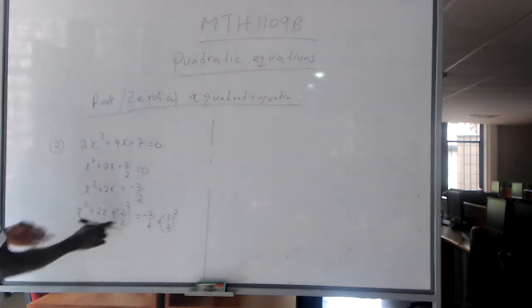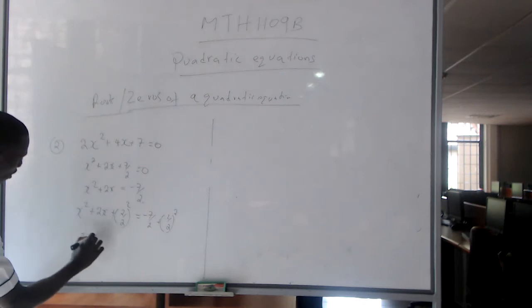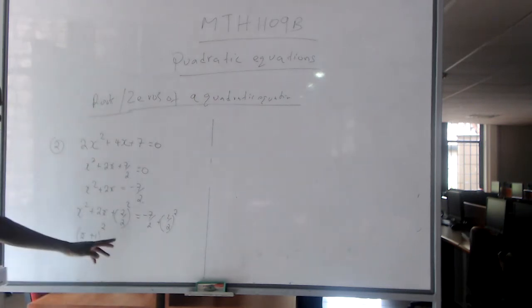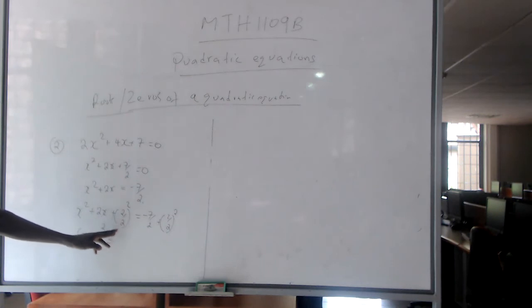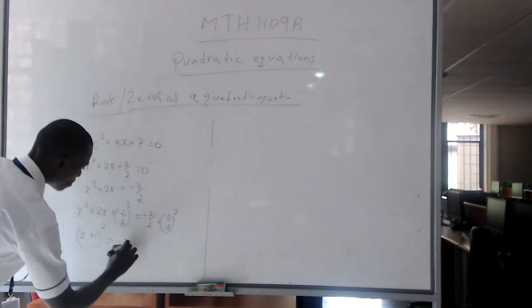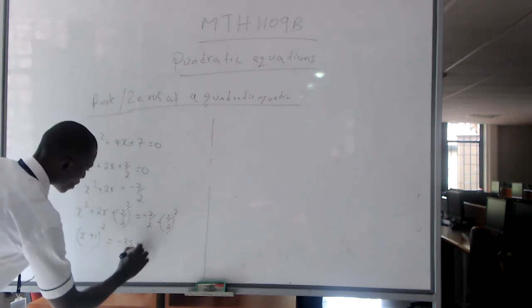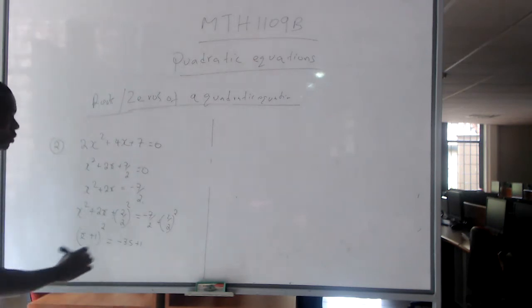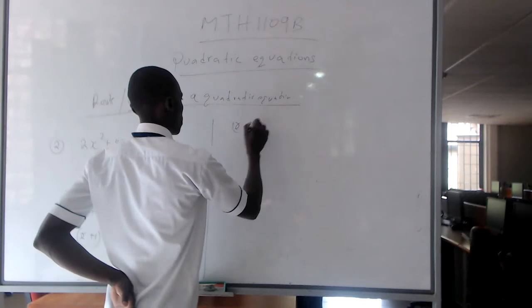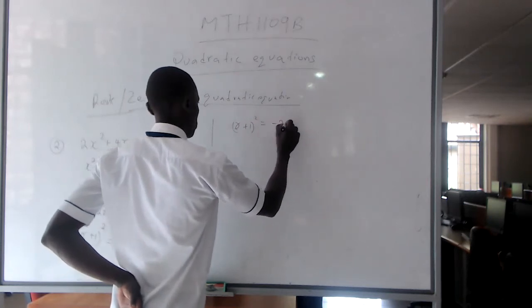But we know that over here, we will simply have x plus 1 squared is equal to, where the 1 is simply 2 divided by 2. That will give you, on the right hand side, minus 3.5 plus 1. So this means x plus 1 squared is minus 2.5.